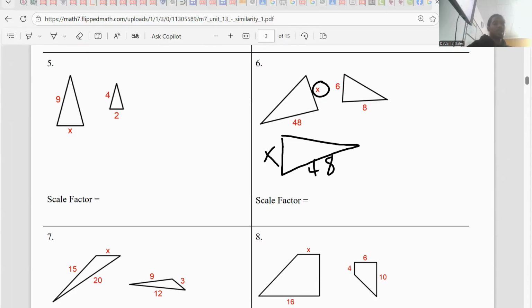Once again, once you have your similar shapes, okay, then you want to find your similar sides. So I'm looking at X corresponds with what? So I can put those equal to each other. And then if I'm looking, I see 48 corresponds with 8.